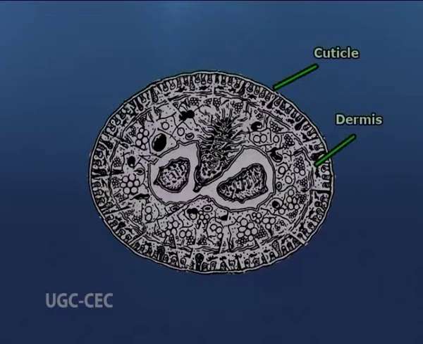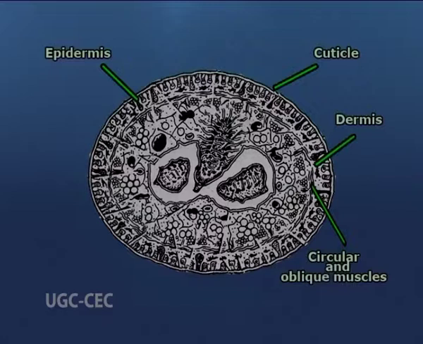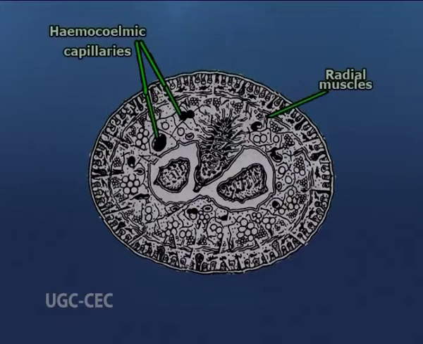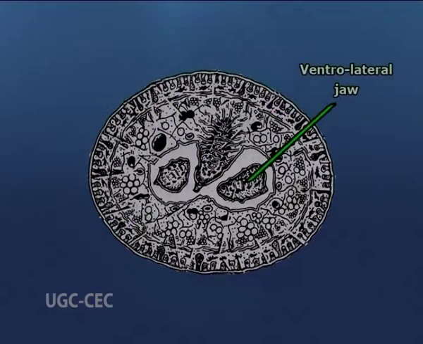Dermis forms a network of fibrous tissue between epidermis and musculature, which consists of circular, oblique, longitudinal and radial muscle fibers. Hemocoelomic capillaries and sucker glands are found embedded in botryoidal tissue. Jaws are 1 median dorsal and 2 ventrolateral.